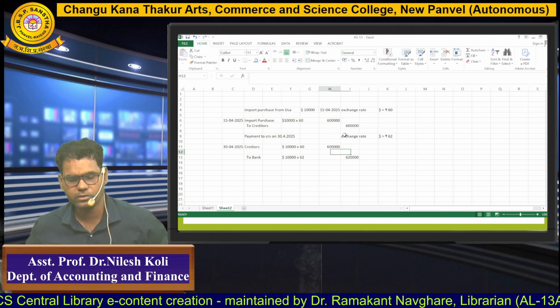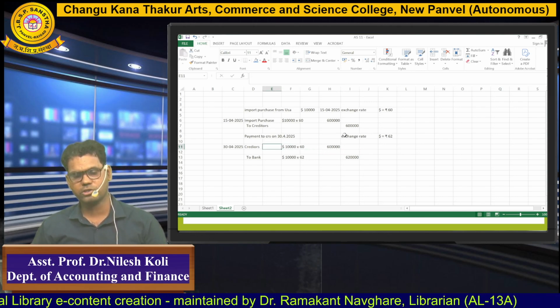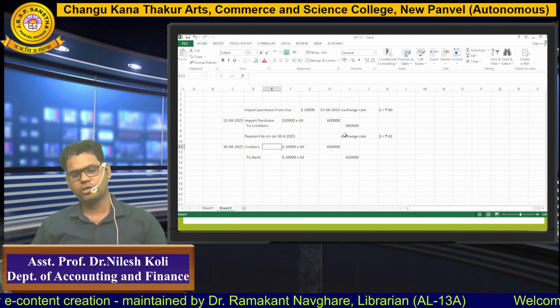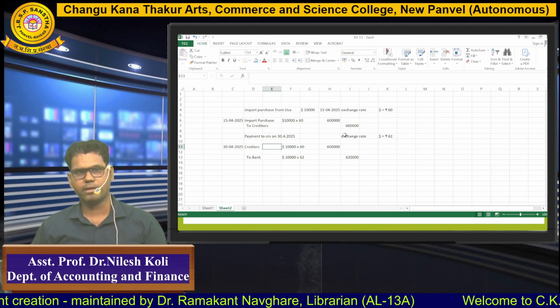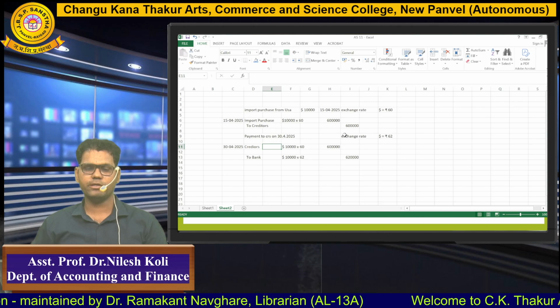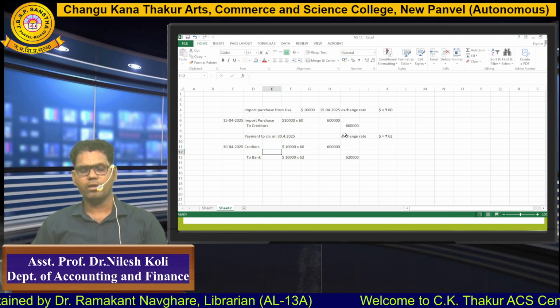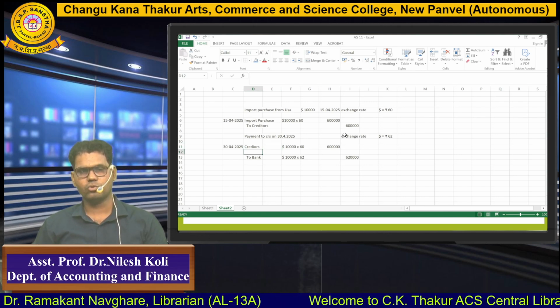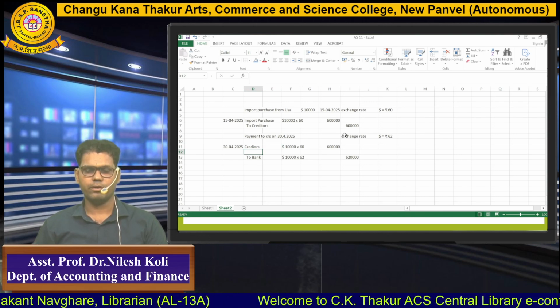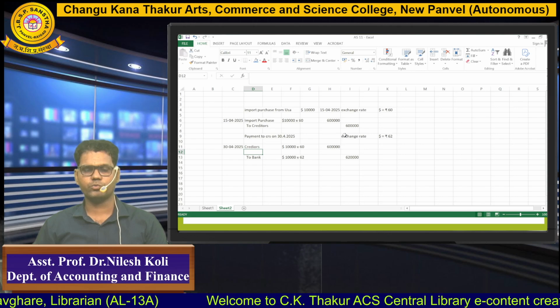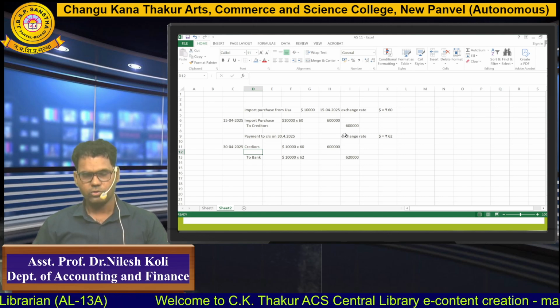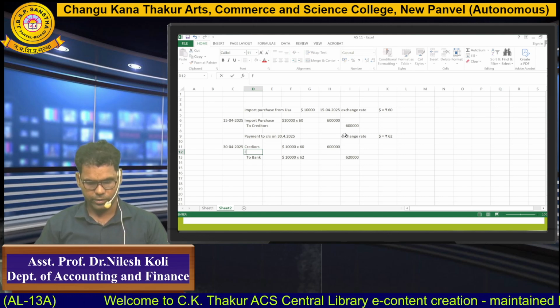Now there is a difference which has arisen. When we purchased the goods, the exchange rate was 60, and when we are making the payment, the exchange rate is 62. It means there is a 2 rupee increase in the exchange rate, and we are paying more to the creditors, so it is a loss to us. That loss will be transferred to the foreign exchange difference account.